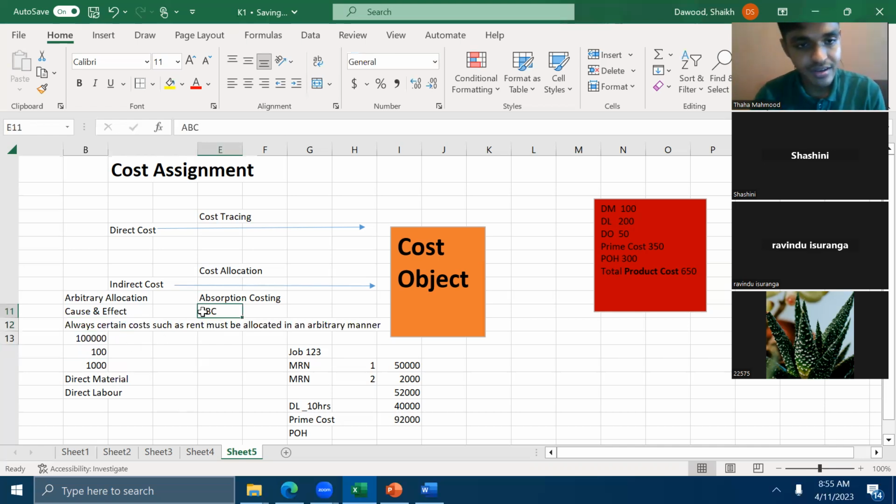So when you are using absorption costing also, certain costs we allocate in an arbitrary manner. I hope you all understand.